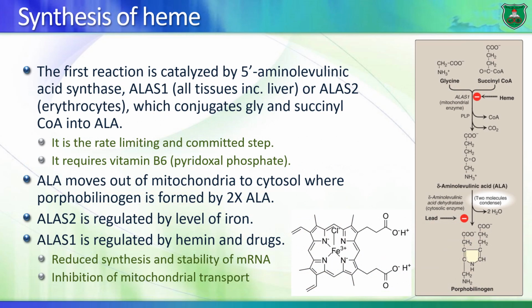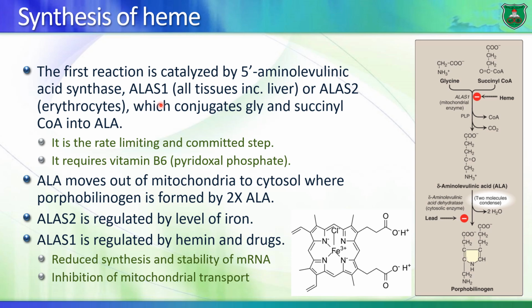The very first reaction is catalyzed by an enzyme known as 5' aminolevulinic acid synthase. There are 2 isoforms of this synthase: ALAS1, which is present in all tissues and the liver, and ALAS2, which is predominantly found in erythrocytes.